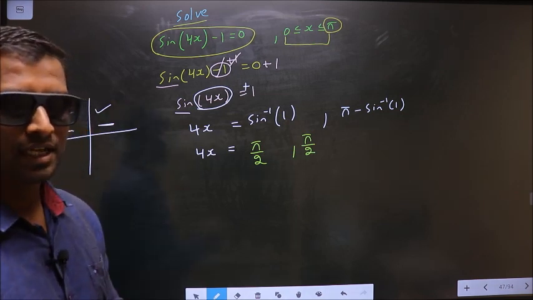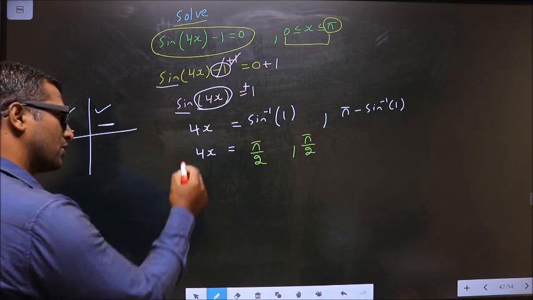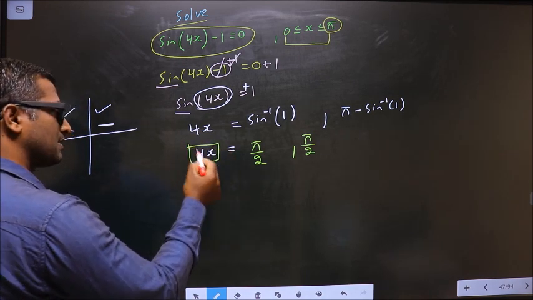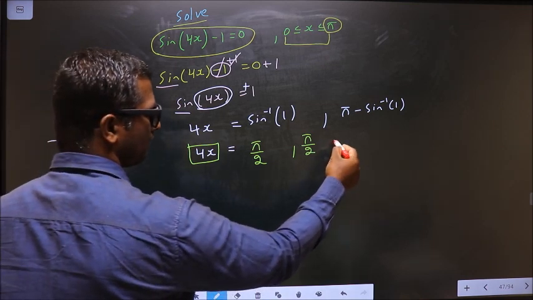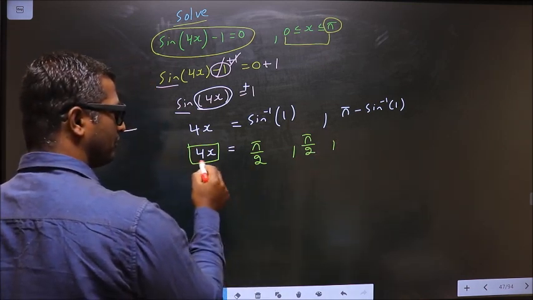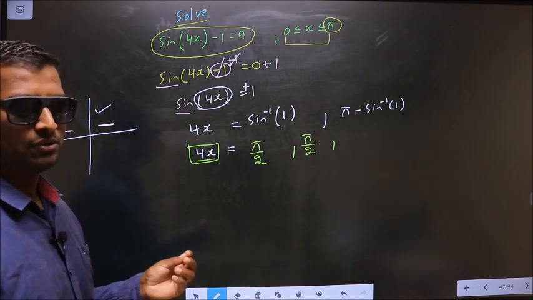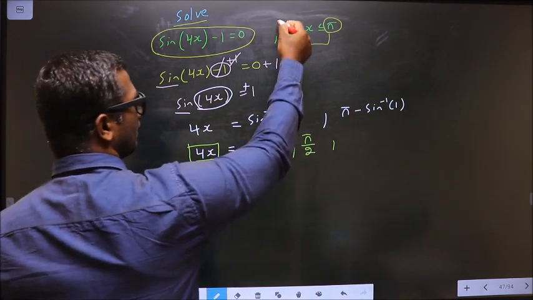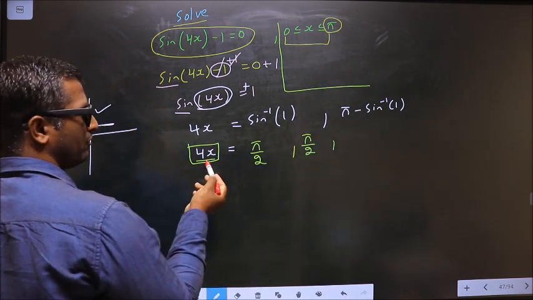Now the question arises, in what interval should the values for 4x lie? How many values shall I find for 4x? To answer that, we do this. Here x lies in this interval, we should get 4x.